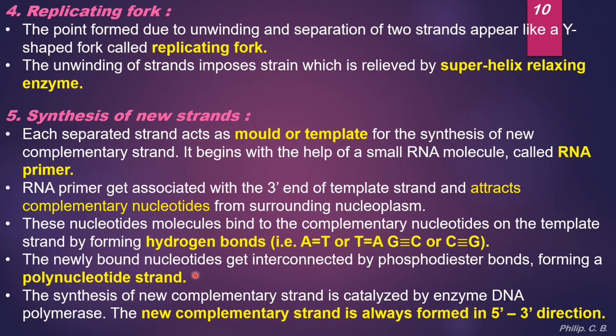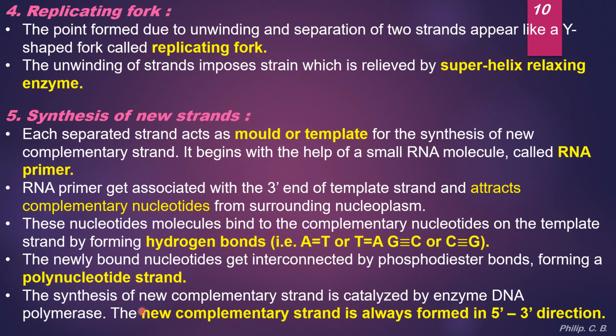The newly bound nucleotides get interconnected by phosphodiester bonds, forming a polynucleotide strand. The synthesis of the new complementary strand is catalyzed by the enzyme DNA polymerase. So as we saw in the animation part, the DNA polymerase helps in the formation of the new complementary strand and acts as a catalytic enzyme.